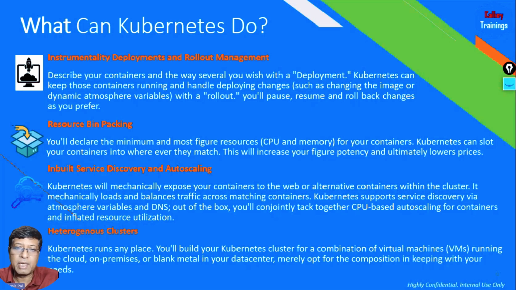You can have a combination of EKS, that means Elastic Kubernetes Service, or Azure Kubernetes Service, if you want to communicate with the servers distributed among all those clusters. It is also possible. So it can support heterogeneous clusters as well.